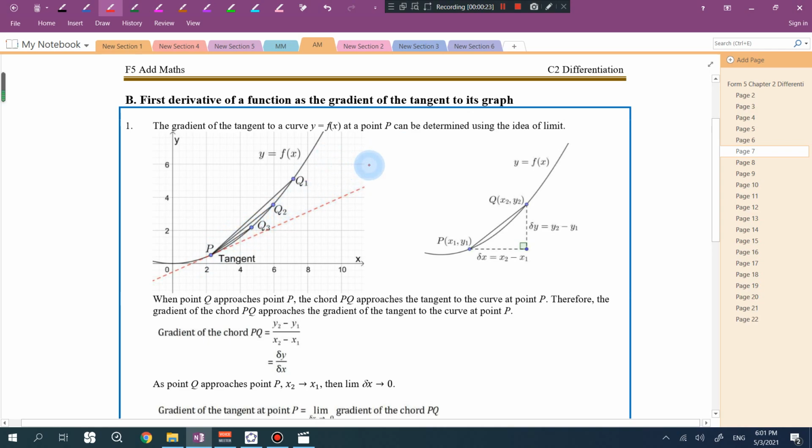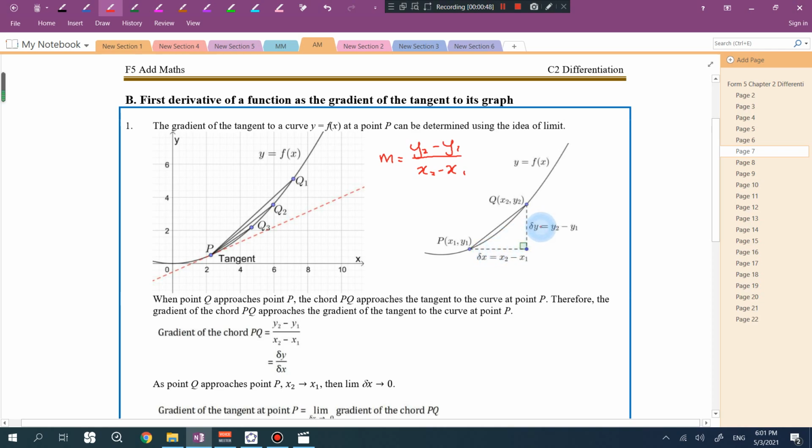Still remember how to find the gradient of a straight line? We use this formula, y2 minus y1 over x2 minus x1, right? When the Q is very close to P, the change in the value of y and the change in the value of x is very small. We can represent them by using delta y and delta x.